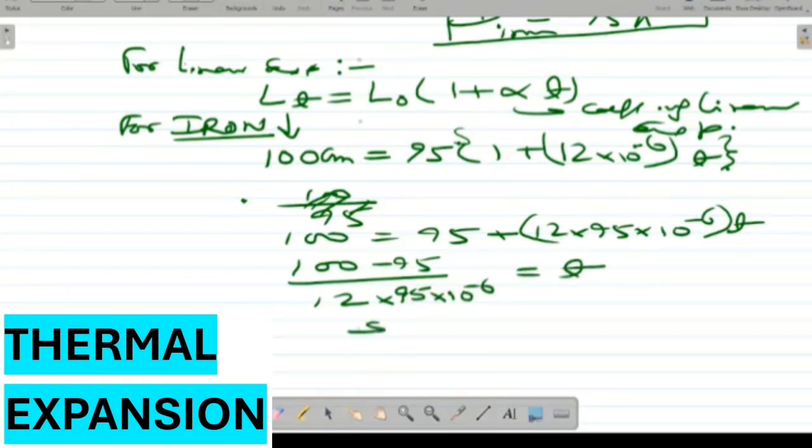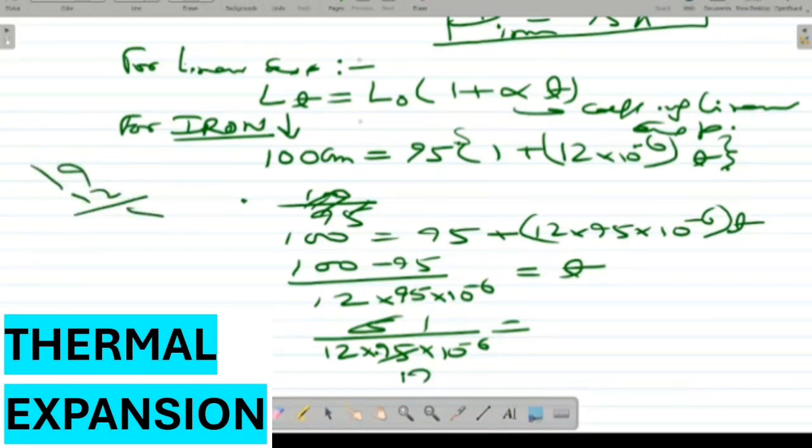And when you solve it, 5 by 12 into 95 into 10 to the power minus 6, which is 5 by 19 into 12. 19 into 12 equals 228.